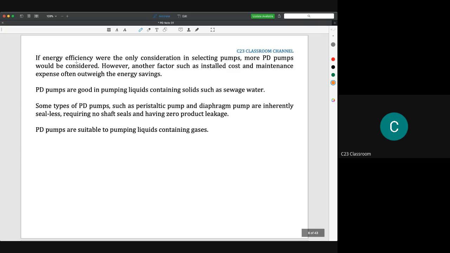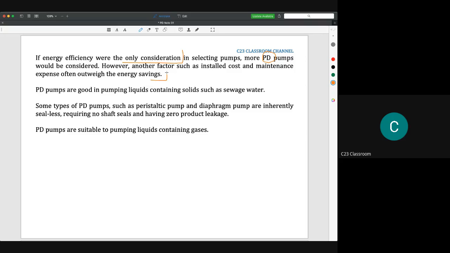So if energy efficiency were the only consideration, if you just think about the energy itself, positive displacement pumps would be considered. However, other factors such as installation cost and maintenance expense often outweigh the energy saving.